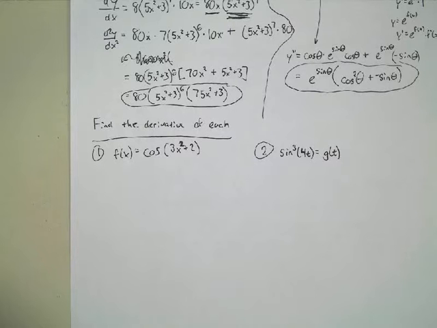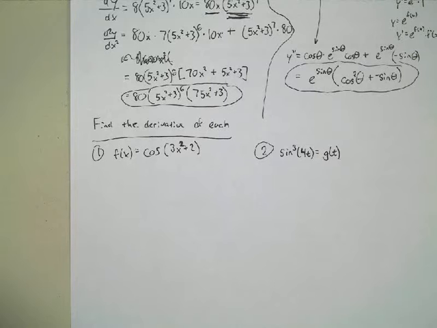Stuck on anything? Any help? I'm stuck immediately. What is being multiplied? There's nothing being multiplied. Is that cosine times 3x squared plus 2?